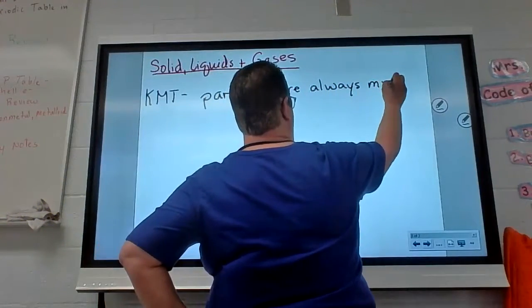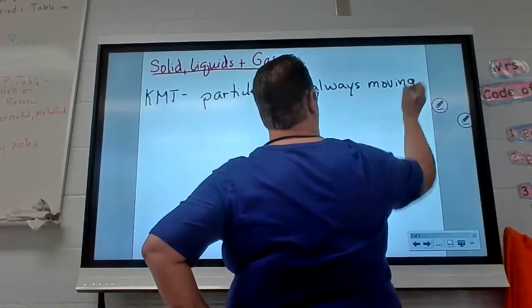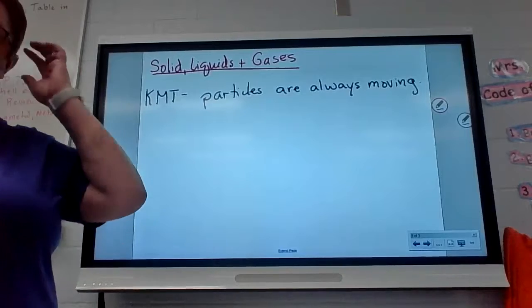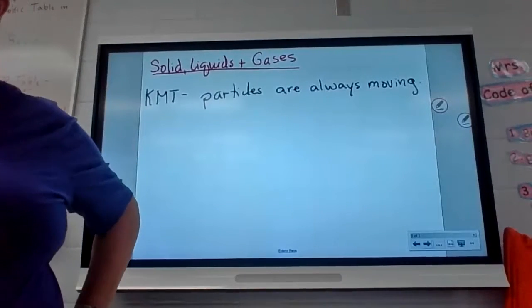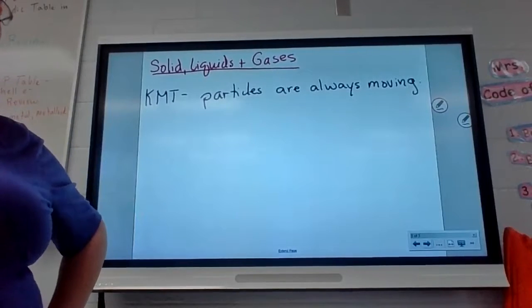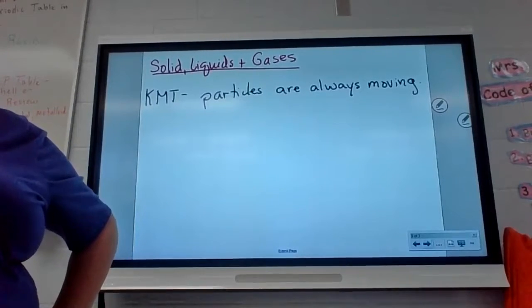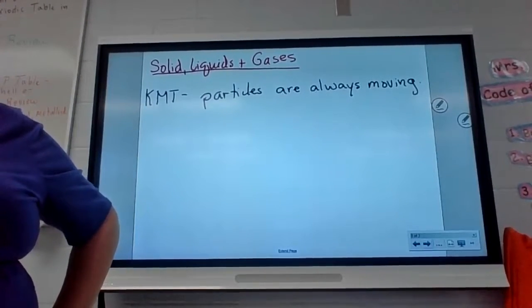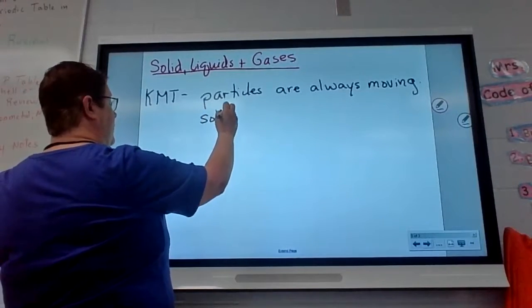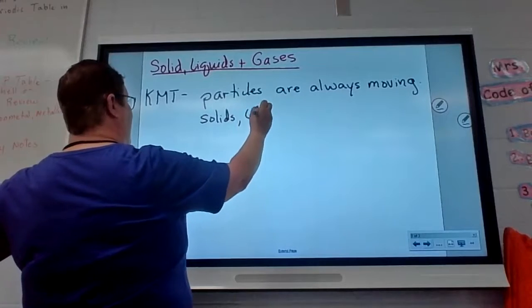Now, given that I graded the test by hand, there were very few of us who got this wrong, but there were about 3 of us who got this wrong. So given that, when I say particles are always moving, what states have motion? All of them, okay? Solids, liquids, and gases.